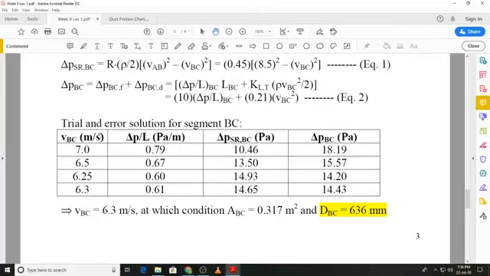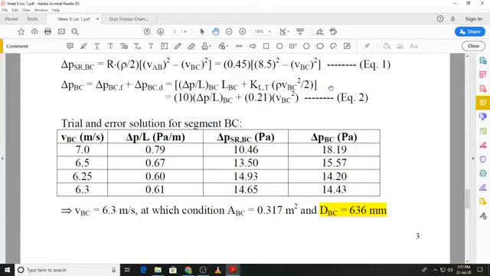Against those two values, the volume flow rate and the velocity, we will go to the friction chart and find out the value of delta P by L. Now, because we know the value of delta P by L and we have a guess value of the velocity, we will substitute those two values in equations 1 and 2. If our guess was good enough, then both the equations would give us almost the same values.